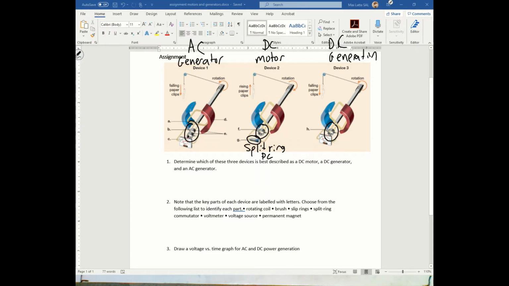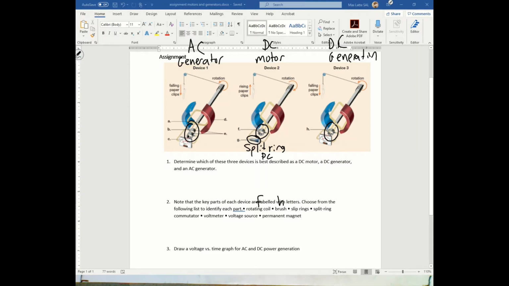So note the key parts of the device and choose from the following for each part. The rotating coil looks like F. The brush, it's maybe H. I don't know why they don't do it in the same diagram.